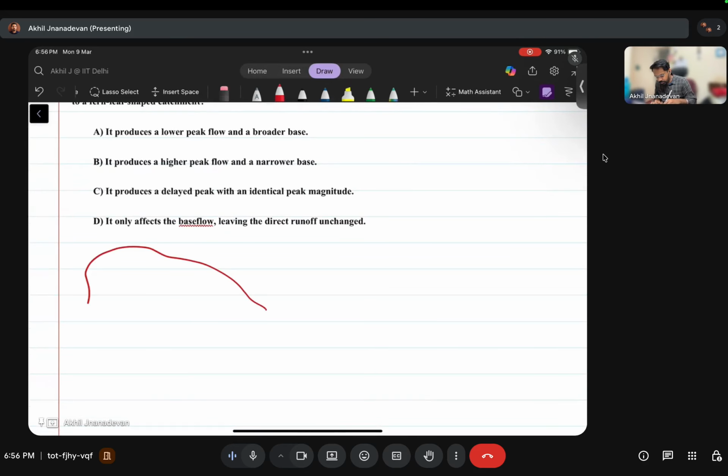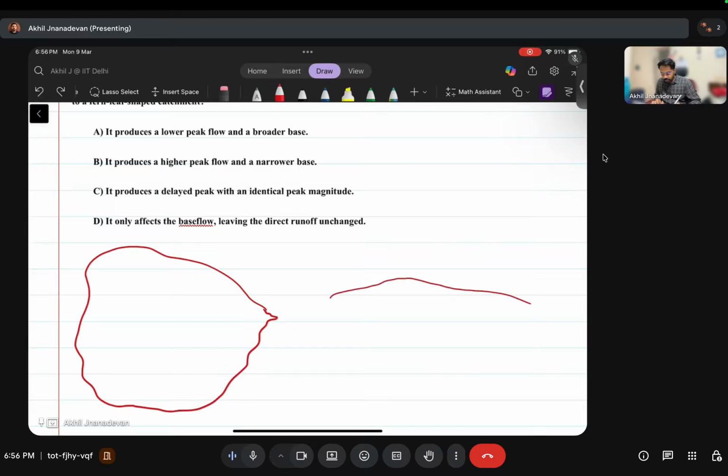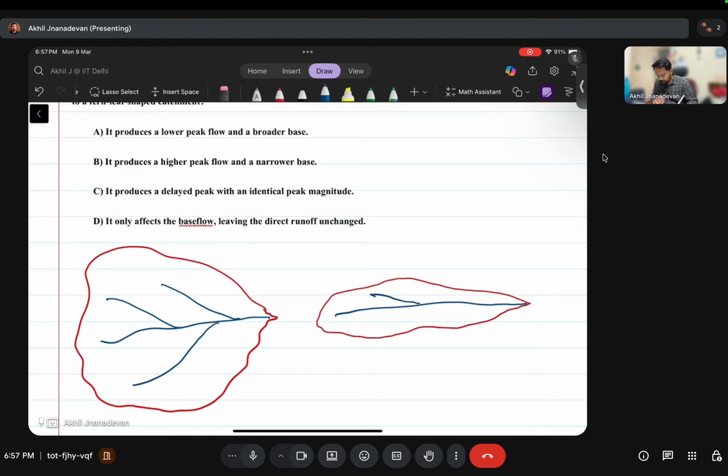One case is a fan shape, which has a larger area near the outlet location, almost like a circle, and the other is a fern leaf shape, which is a narrow catchment with different streams connected to it. So these are the outlet points.